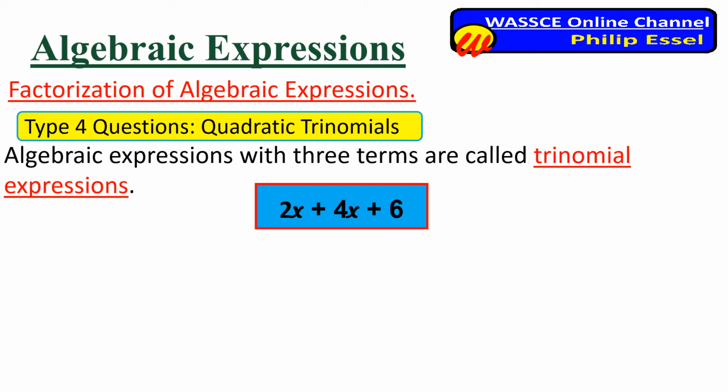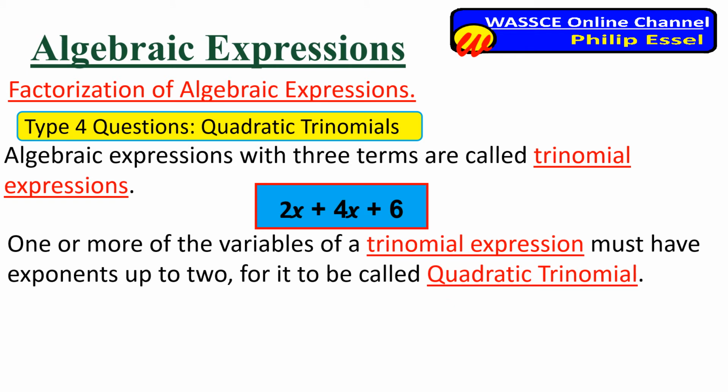Now, at what point do we say that a trinomial expression is quadratic? Well, a trinomial expression is said to be quadratic if it has one or more of its variables having exponent of up to 2. So, at least one of the variables of the trinomial expression should have the exponent of 2.